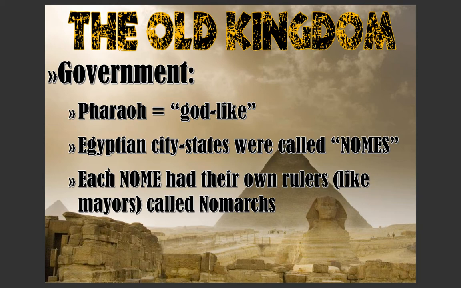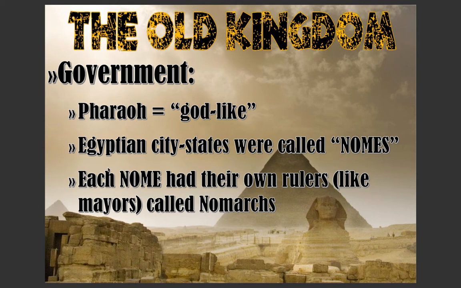And the Egyptian city-states were called nomes, not like the garden gnome, just drop the G. So nomes were scattered up and down the Nile River, and each nome had their own ruler, like a mayor, which they called nomarchs. And the nomarchs were the ones who actually did all the work.